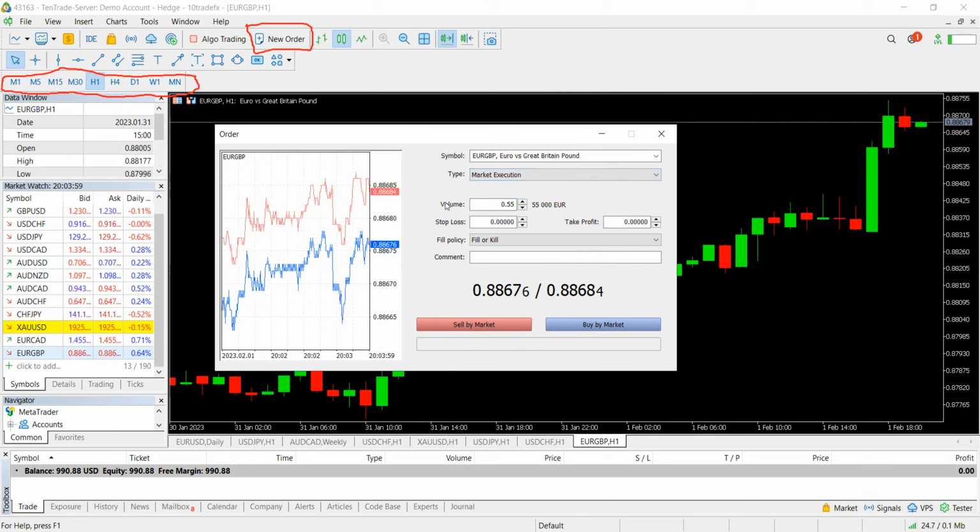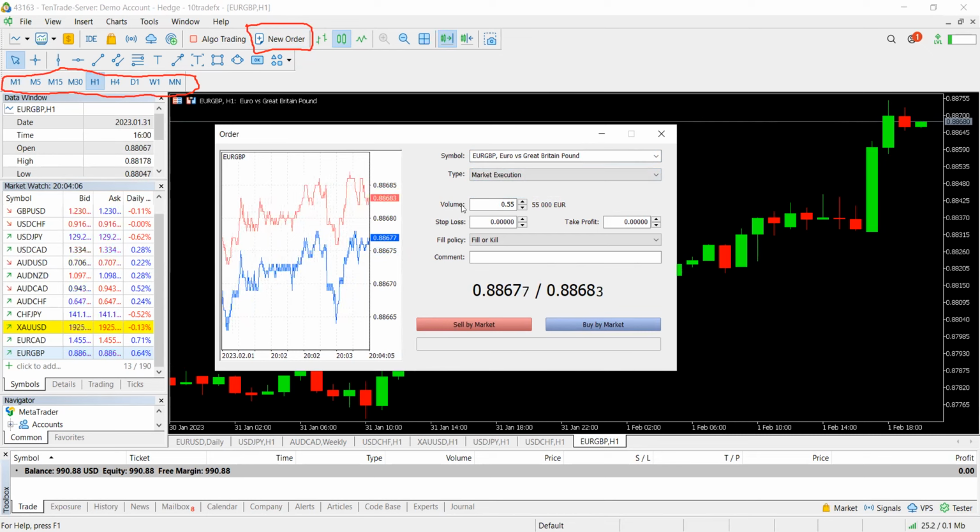And then the volume. In this case, the volume refers to what? The lot size that we want to use. So by lot size, we mean either a micro lot or a mini lot or a standard lot. Remember, I told you day 3, which is tomorrow, we are going to talk extensively about risk management.